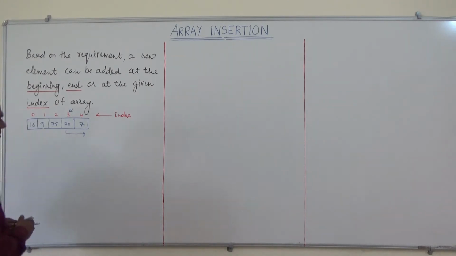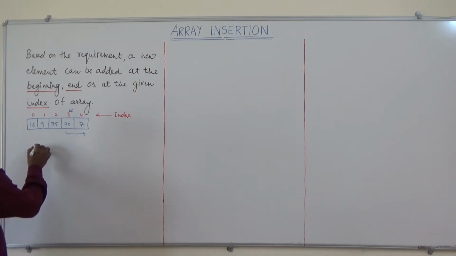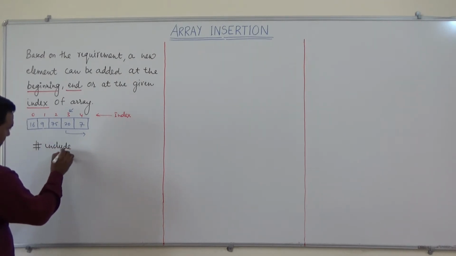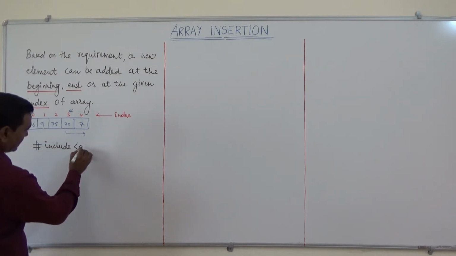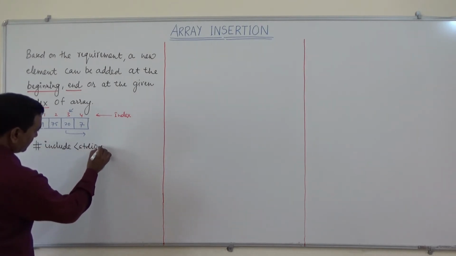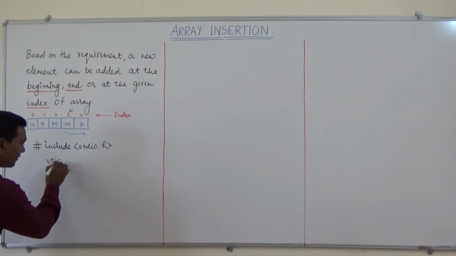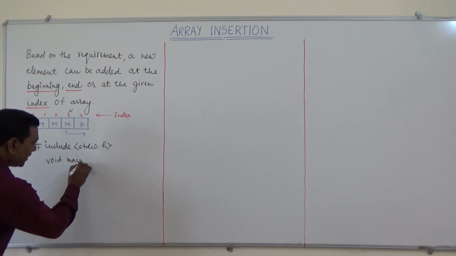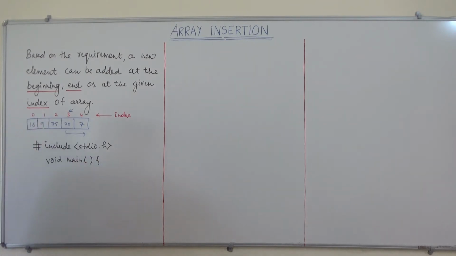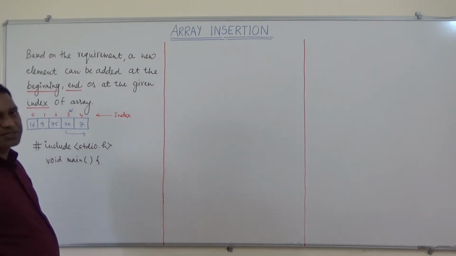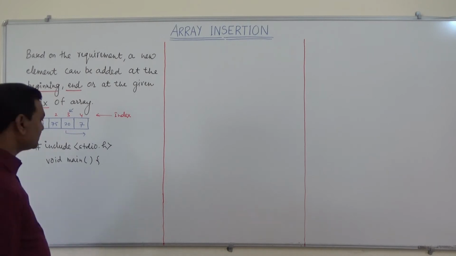So we will use C programming. For this, include stdio.h, then void main. We are familiar with this header file and the main function, so I am not going to discuss it here.